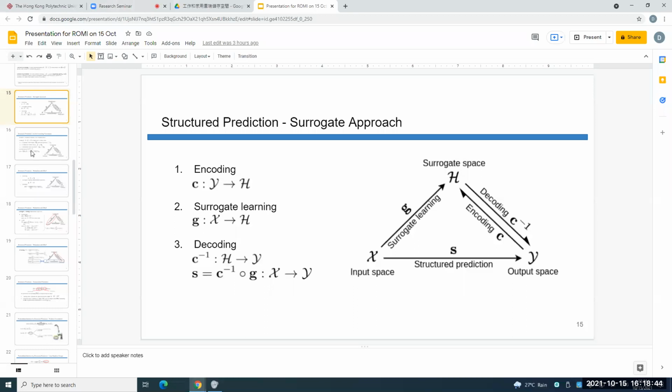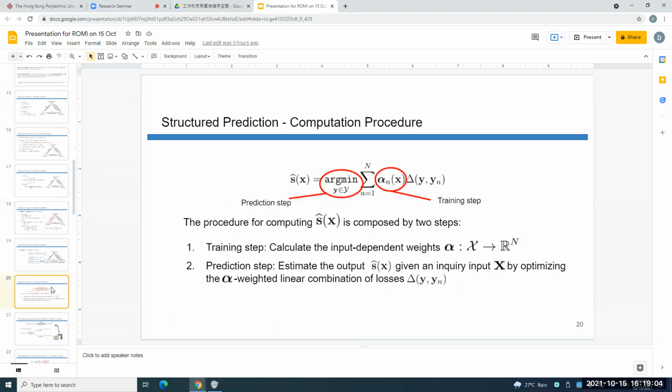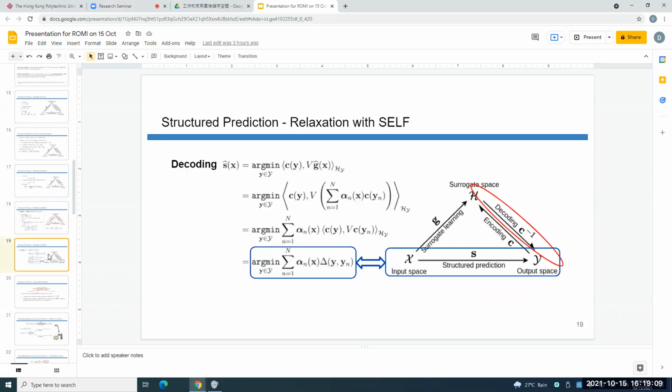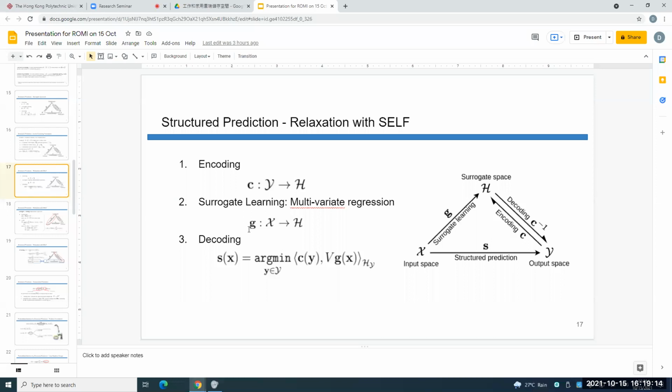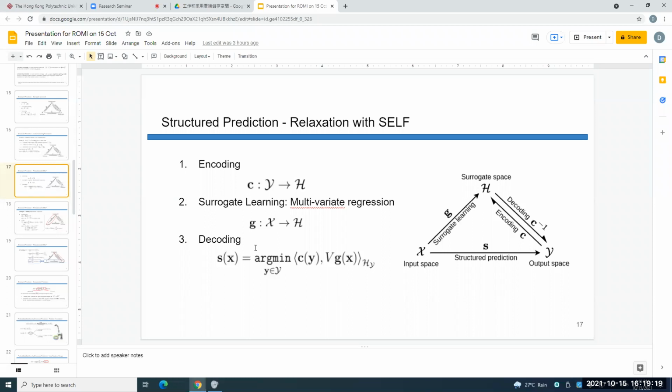But if we consider this implicit encoding framework, say we assume the loss function has this form, then we do not need to consider the surrogate learning explicitly, because it just disappears because of this loss function structure, as well as this decoding law.